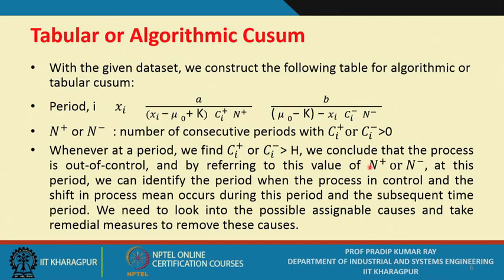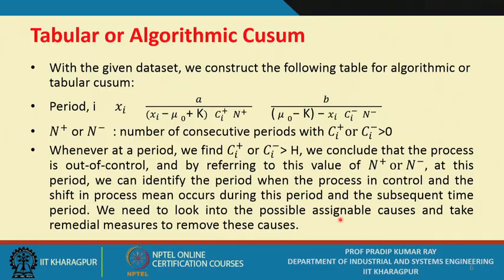Is it okay? So up to the 14th it is an in-control point, but from the 15th sample point onwards, you may assume that the process is out of control. So something has happened between the 14th point and the 15th point.